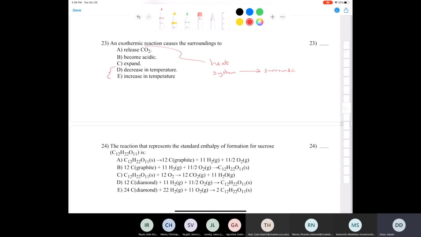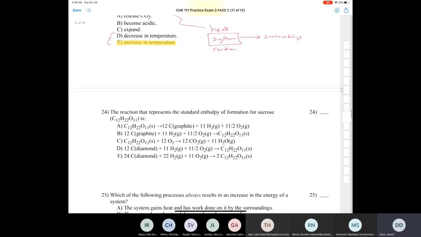Okay, so that's what an exothermic reaction is, right? A reaction is what we call our system, and then it releases heat. And so what that's going to do to the surroundings is it's going to have heat flow from the system into the surroundings, and that's going to cause an increase in temperature in the surroundings in that exothermic reaction.